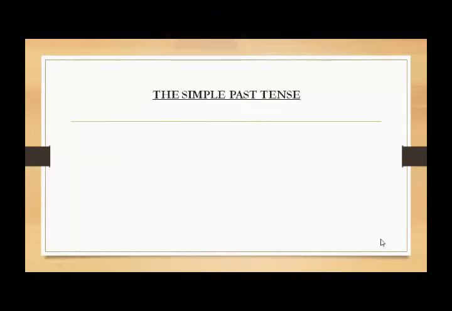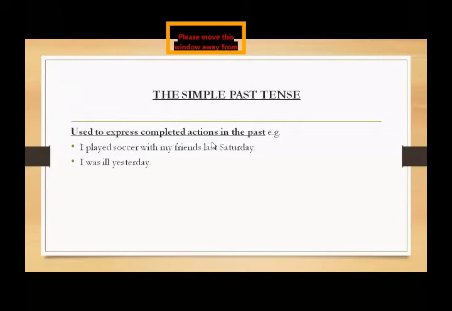Now, okay, the simple past tense. So what are the uses of the simple past tense? Let's see. It is used to express completed actions in the past, like you completed the homework.